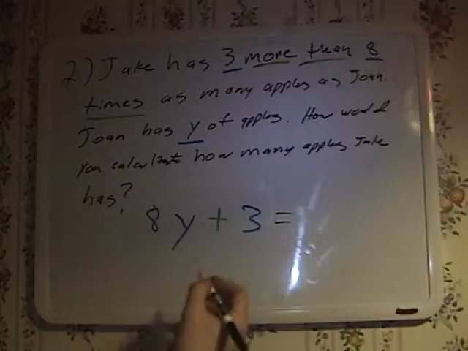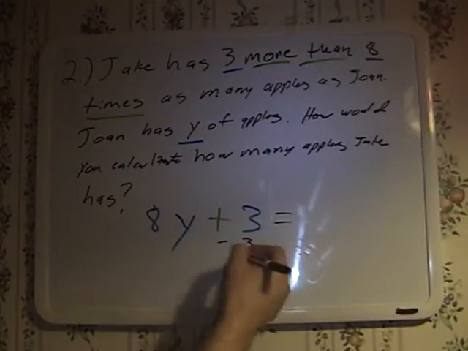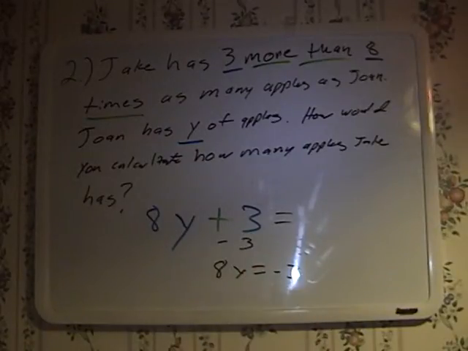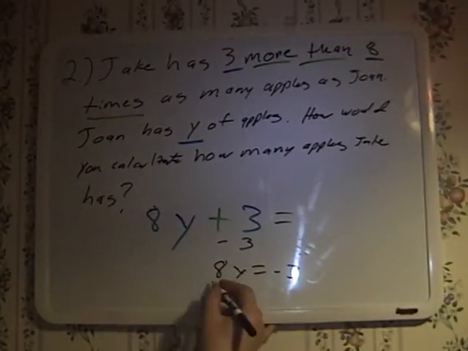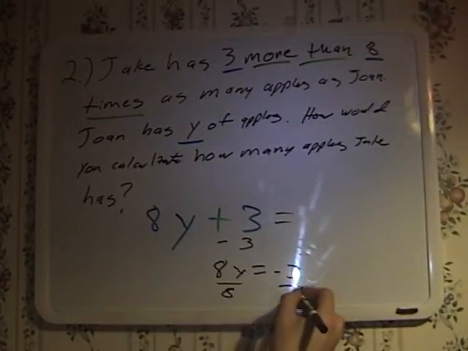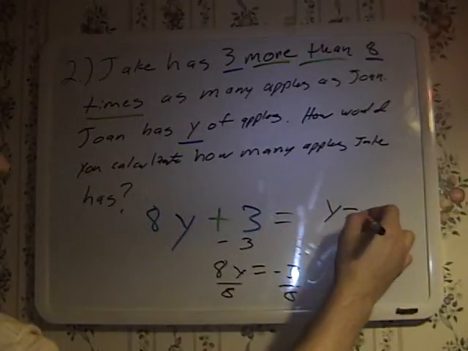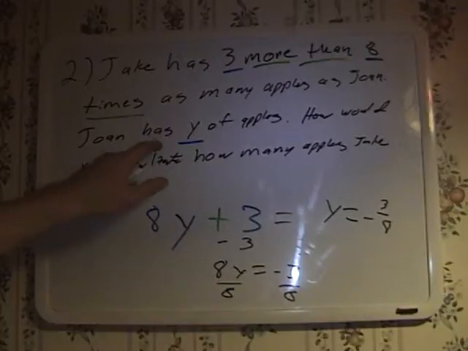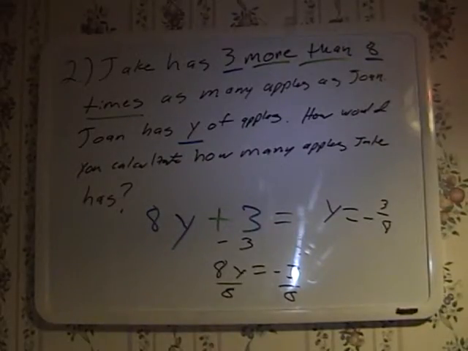So what we want to do is subtract 3, because everything you do on one side you have to do on the other. So you get 8y equals negative 3. And then you would divide by 8 to undo this operation. So y equals negative 3/8. Now you can't really have a negative number of a realistic object. This is just showing the algebraic manipulation.